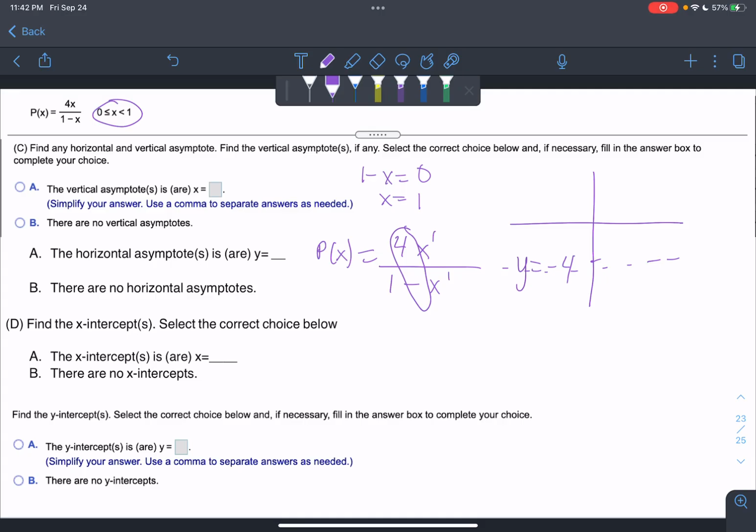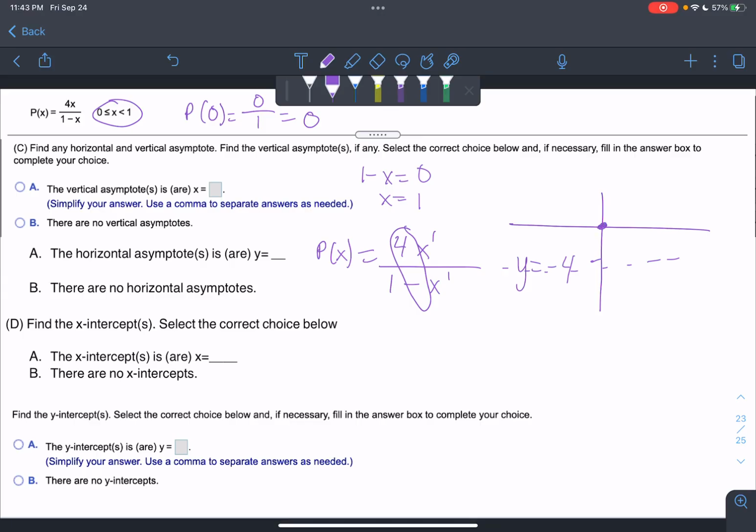So let's find the endpoints real quick. P of 0 is equal to 0 over 1. So 0, we know that the smallest value our function starts at is 0. So we know that we have the point 0, 0.